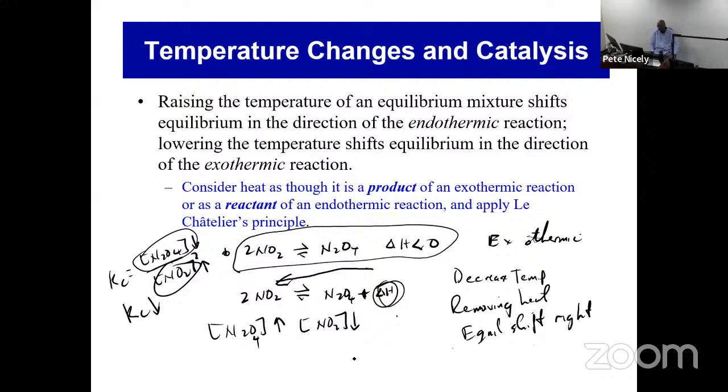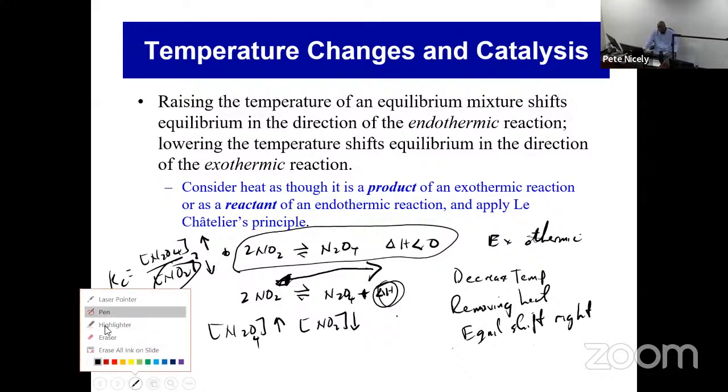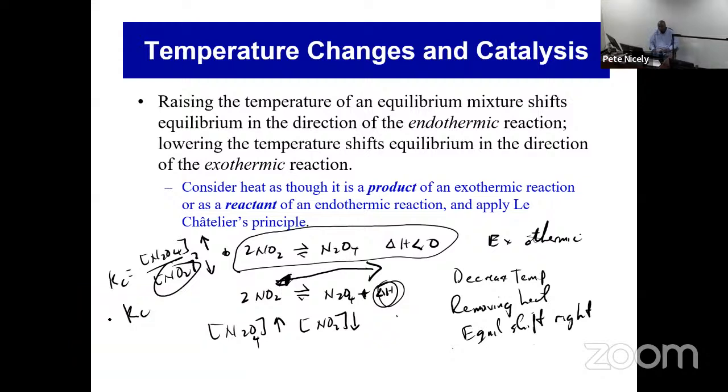So instead of shifting to the left, it's going to shift to the right, which means that the concentration of N2O4 will increase, and the concentration of NO2 will decrease, which means that the Kc value will overall increase. All right, so that's basically how we do this.